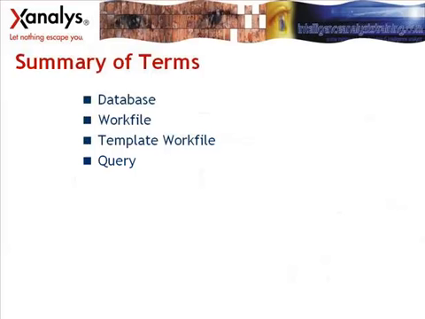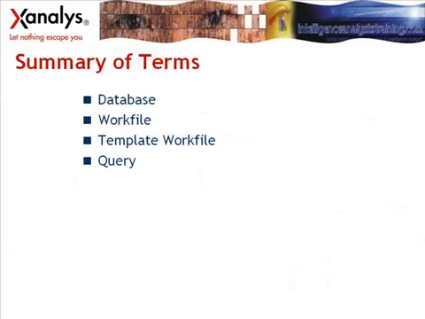And a query is actually selected objects and links. We can put constraints on queries to make them more specific, and they can be displayed in a variety of different charts.